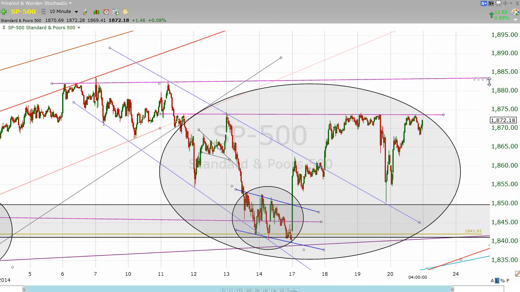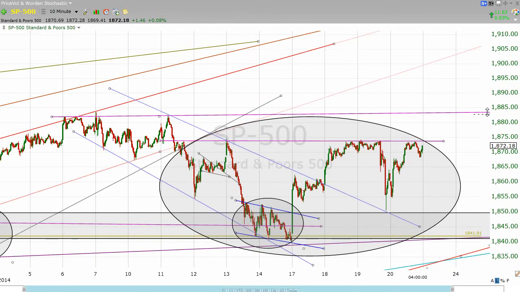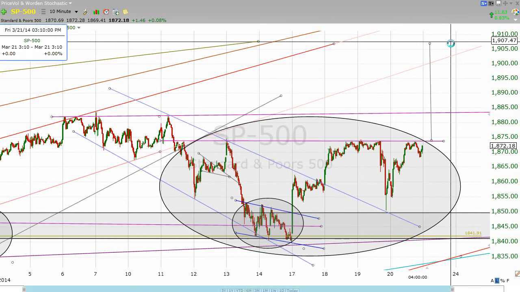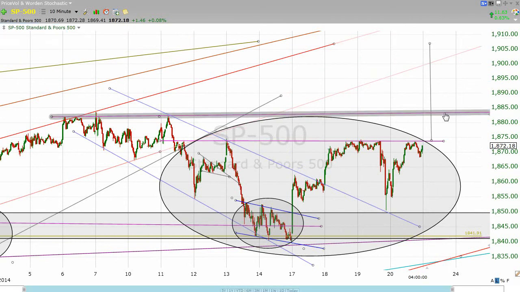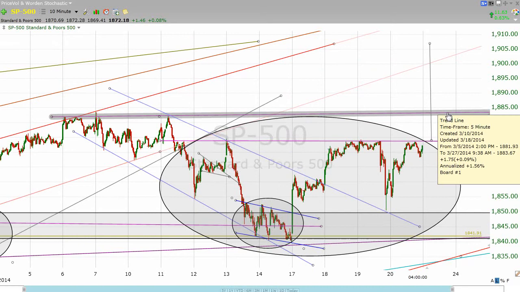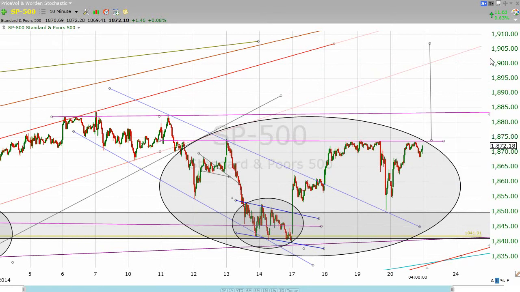And if that breaks, then that should be setting up a move to, let's measure the height of this pattern, to about 1906. However, that will also get us over this line right here, which is at about 1884.